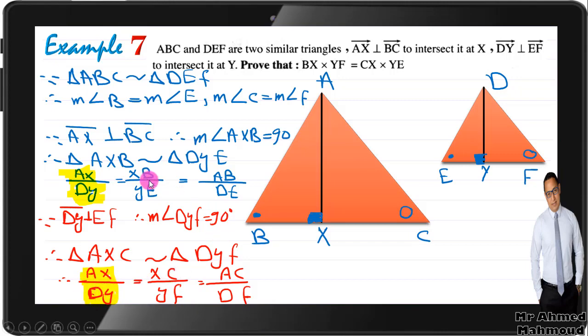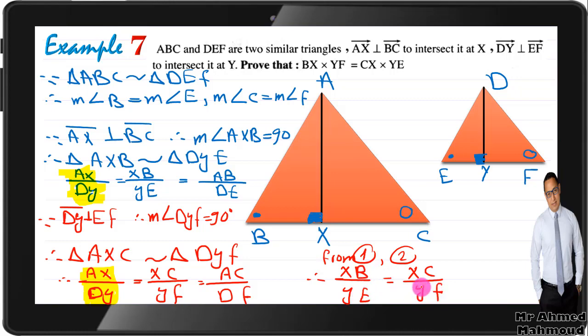So XB over YE equals XC over YF. Therefore, from 1 and 2, XB over YE equals XC over YF.